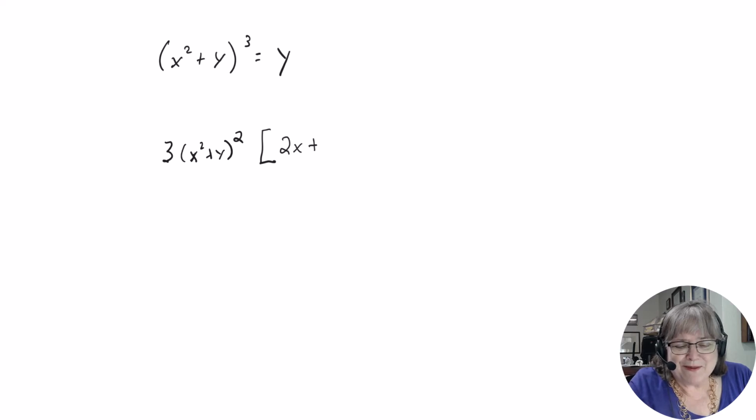The derivative of y is dy dx because we're taking the derivative of y with respect to x. Equals, and the derivative of y on the other side with respect to x is dy dx.